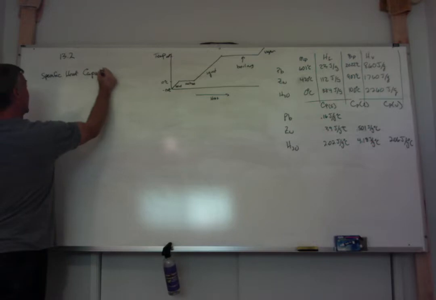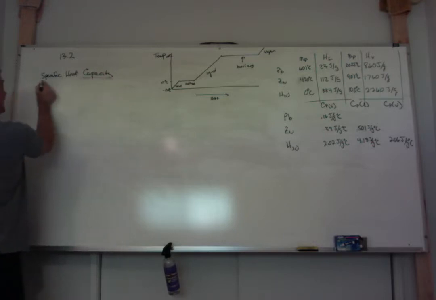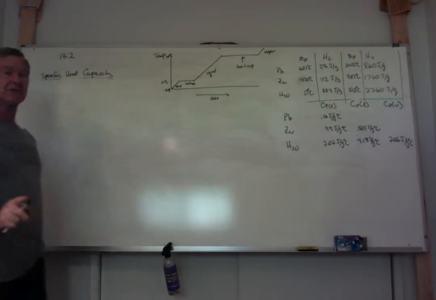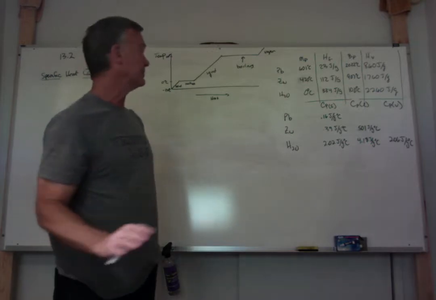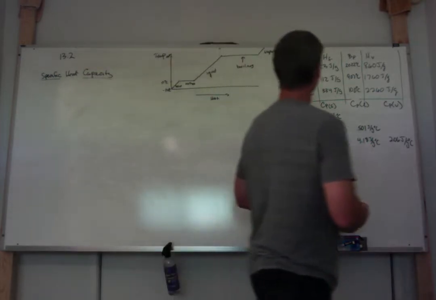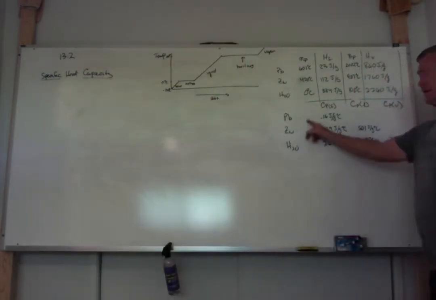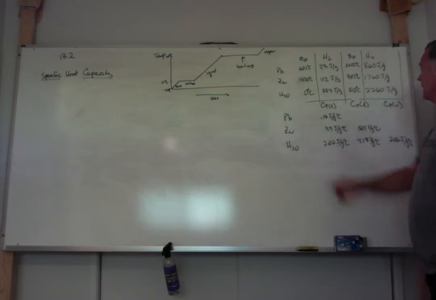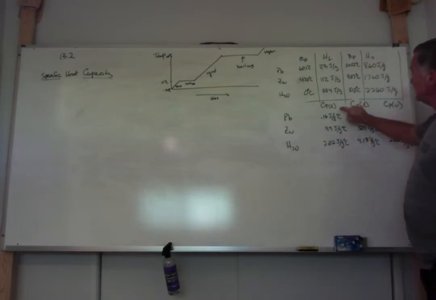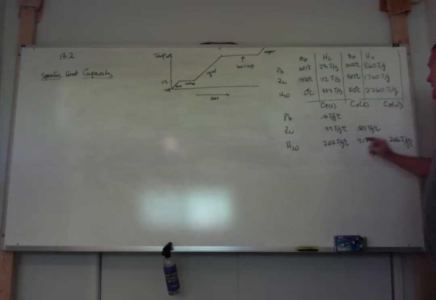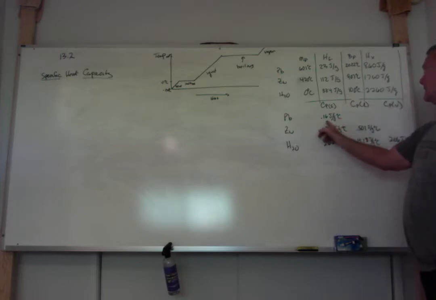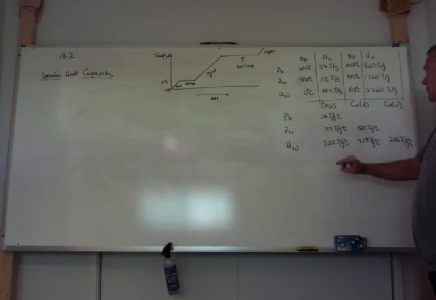Capacity is the idea of what it can hold, and it's specific to every single compound. So over here, I have three different compounds. I have lead, and there's a different specific heat capacity for each phase of matter: solid, liquid, and gas. Now with lead, I only have 0.16 joules per gram degree Celsius.